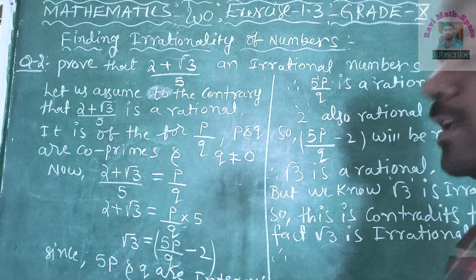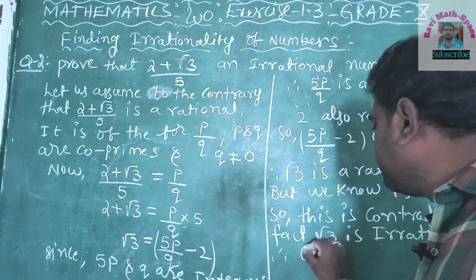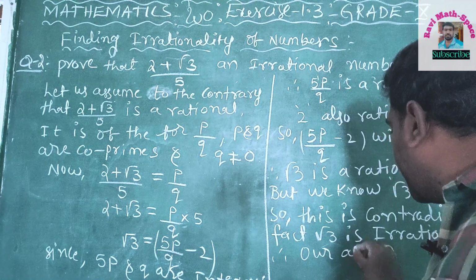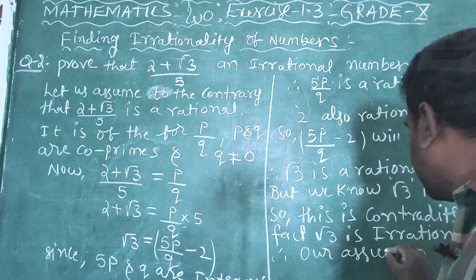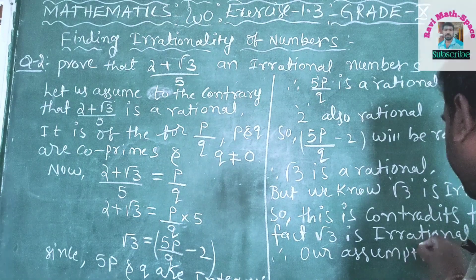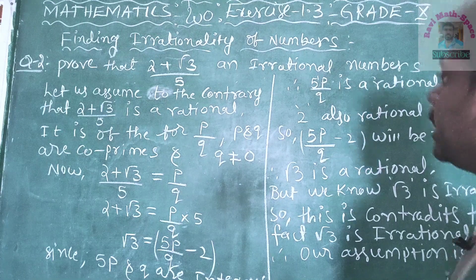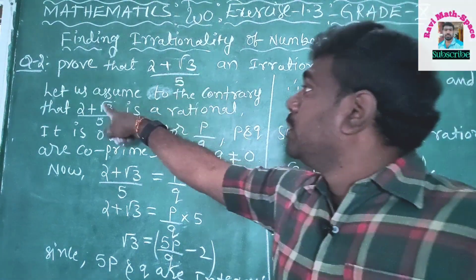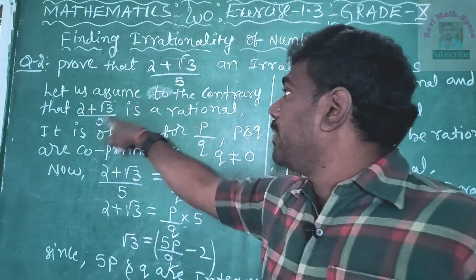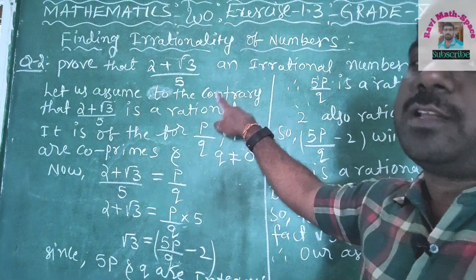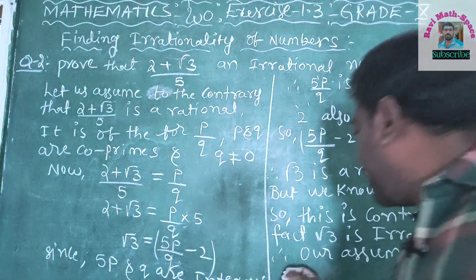Therefore, what can I write here? Our assumption is wrong. What is wrong? That 2 plus root 3 by 5 is rational. Our assumption is wrong.